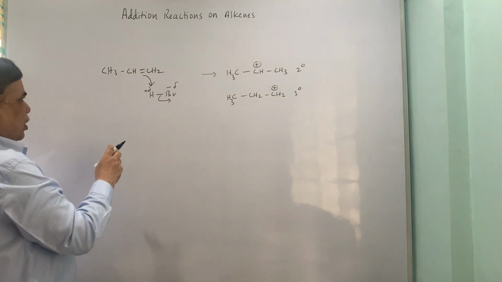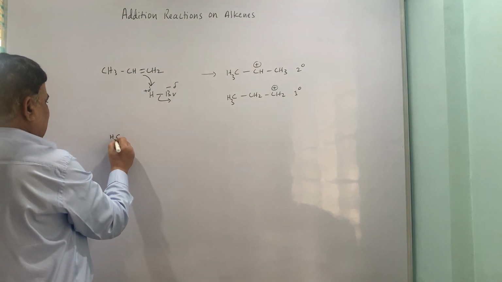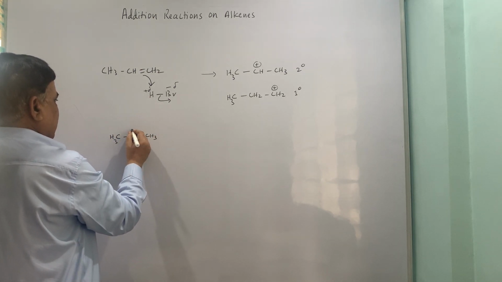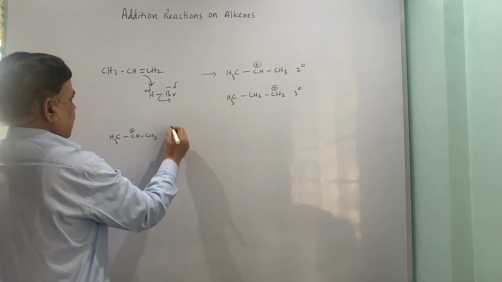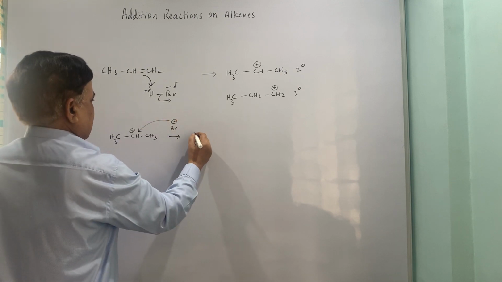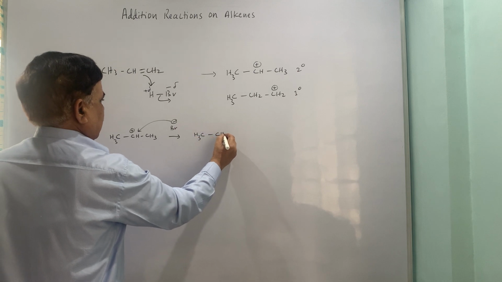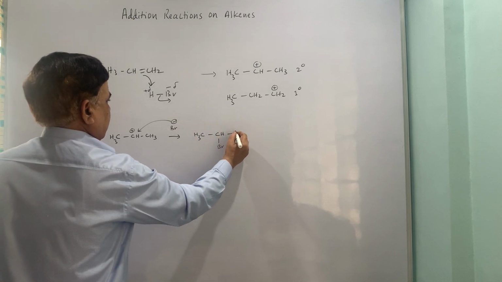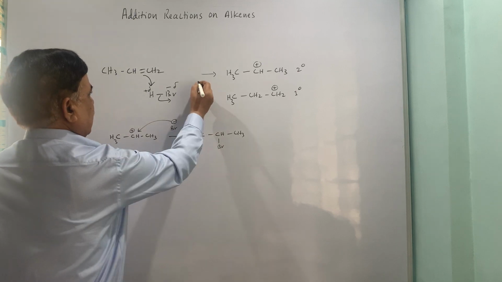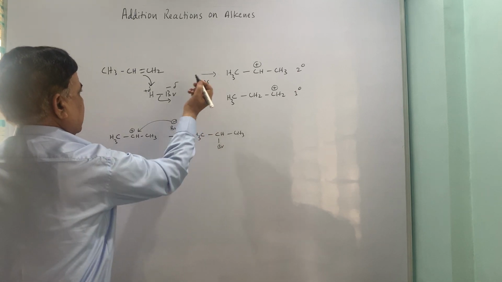Then the second step, the attack of Br minus, takes place here. So, this is your first step, this is the rate determining step.